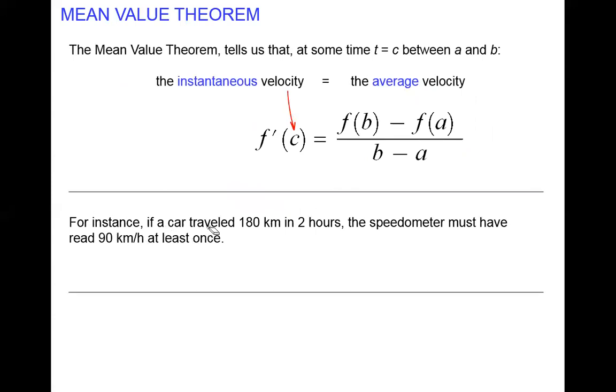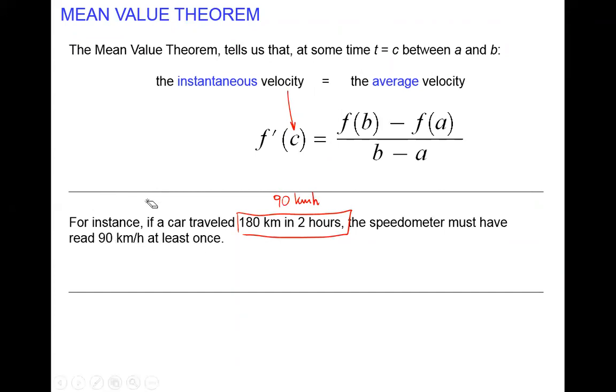For instance, if the car traveled 180 kilometers in 2 hours, you can definitely tell me the average. Yes, the average speed is 180 divided by 2, it's 90 kilometers per hour. But that's average. What happened? The speedometer must have read 90 kilometers per hour at least once.